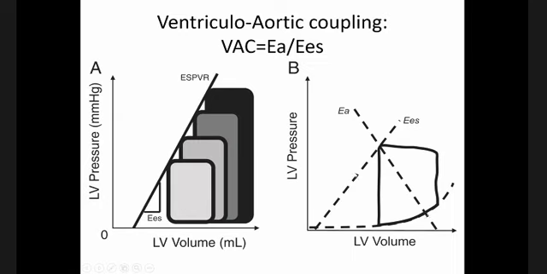So if you divide this by that, it should be 1. And if it falls below 1, you know that the heart is failing, or at least it's going to fail. So this is a very important measure hemodynamically that tells us that a person is very prone to heart failure, even though his ejection fraction might look normal and his blood pressures might look normal.